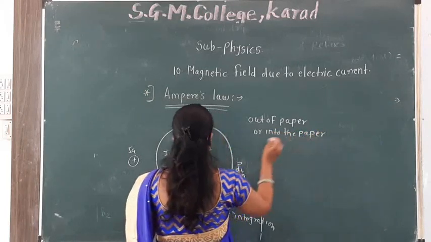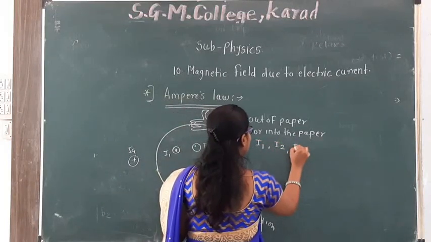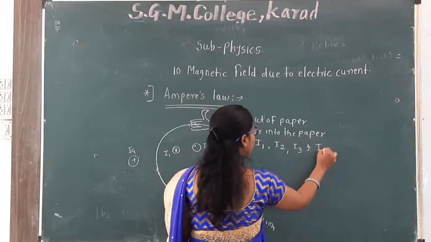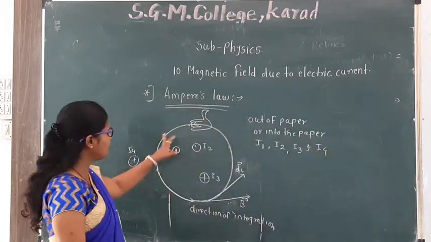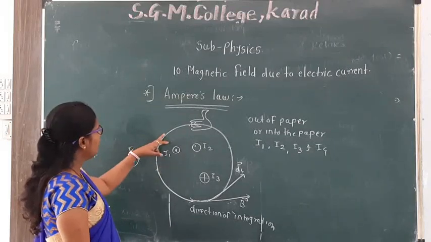There are four types of currents here: I1, I2, I3 and I4.